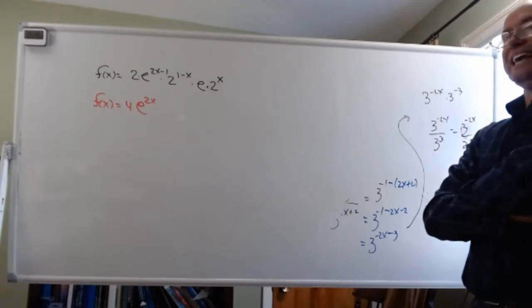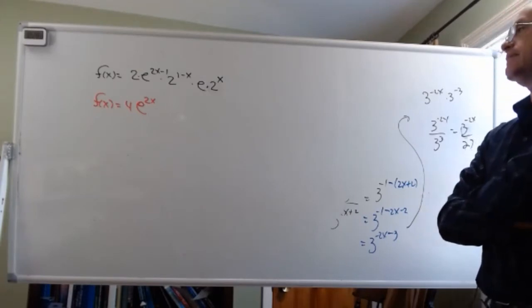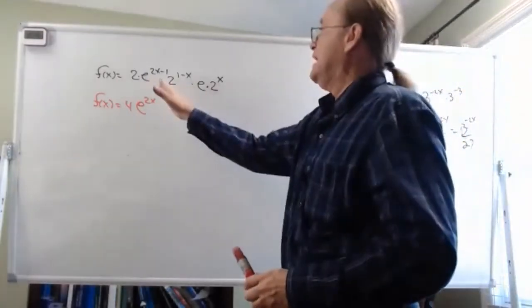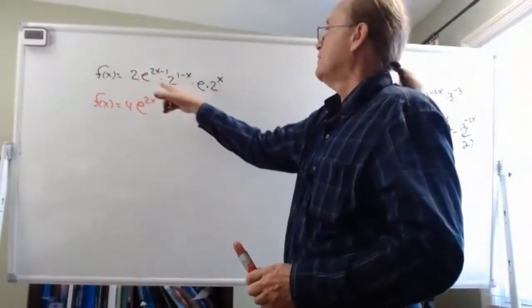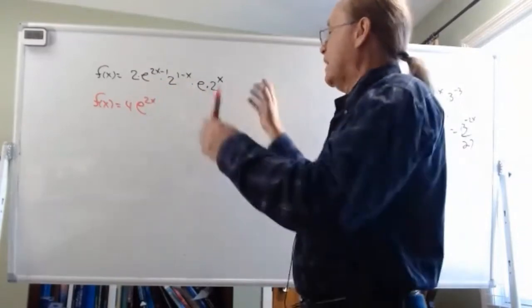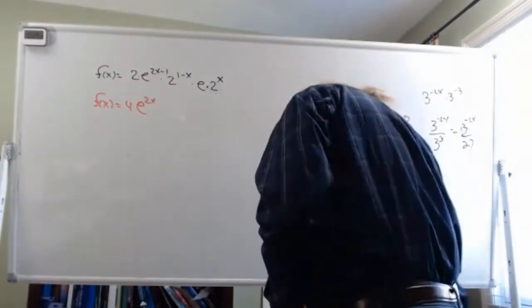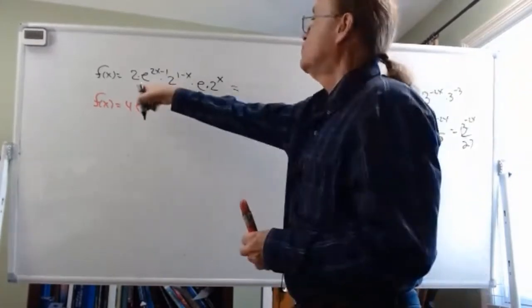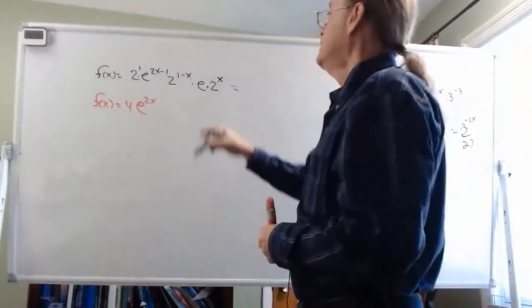Does anyone want to see how I did that? Okay. What I would do is I have different bases here. The base 2 and I have a base e. So I might separate them out accordingly to their bases. So let me put the 2's together. That's really 2 to the first power. So what do I have?